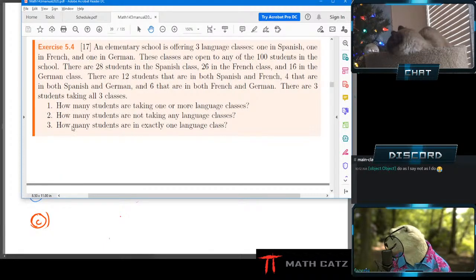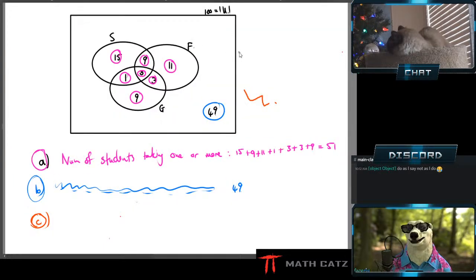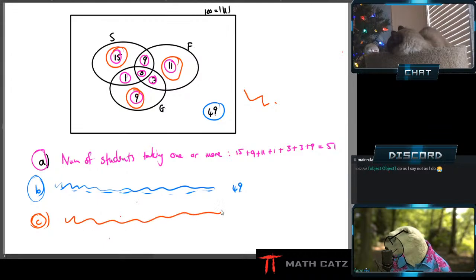There it is. How many students are in exactly one language class? Exactly one language class. Only because I really want to get that last one in to give you all the information you have going into the weekend.